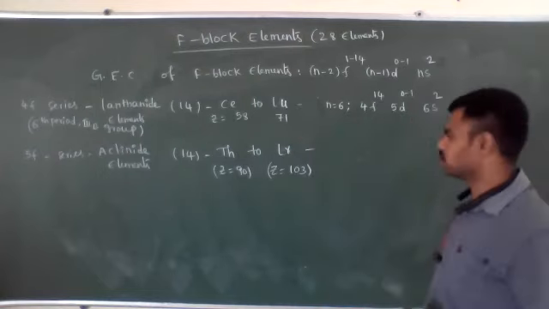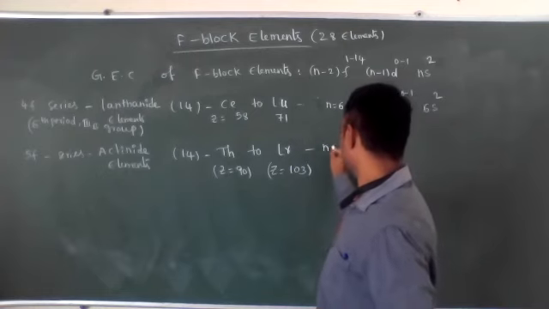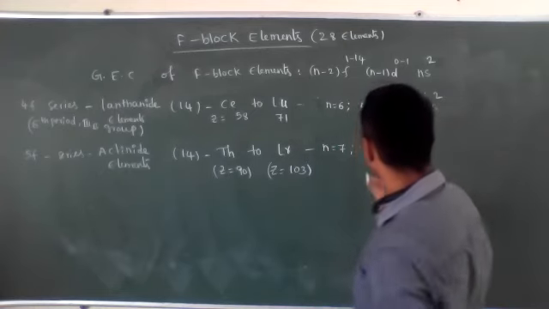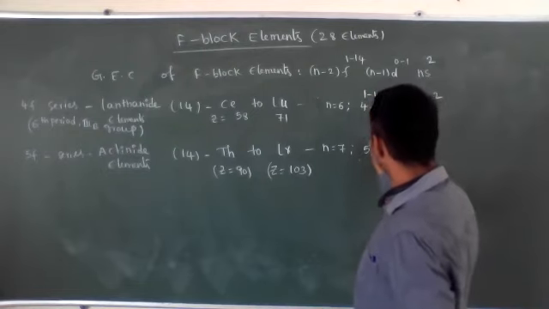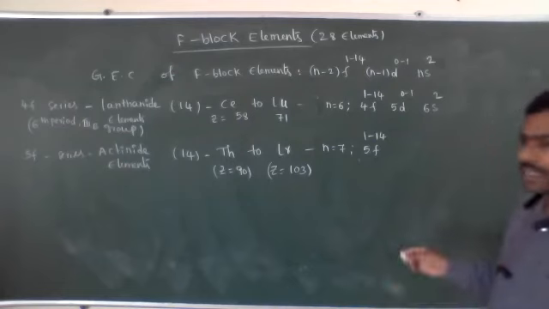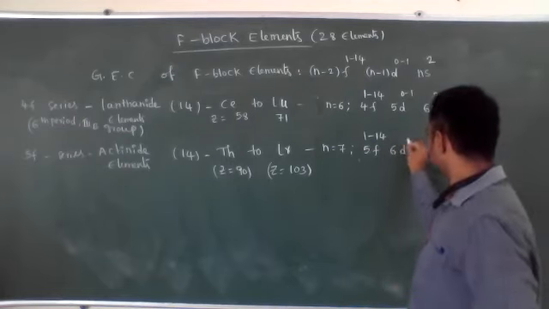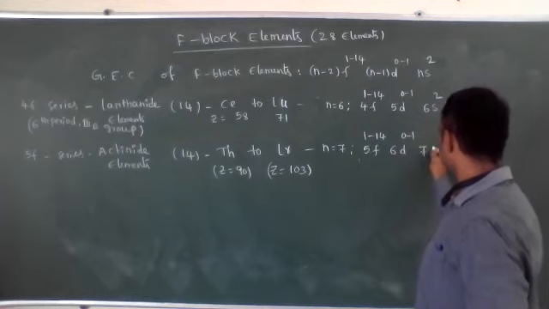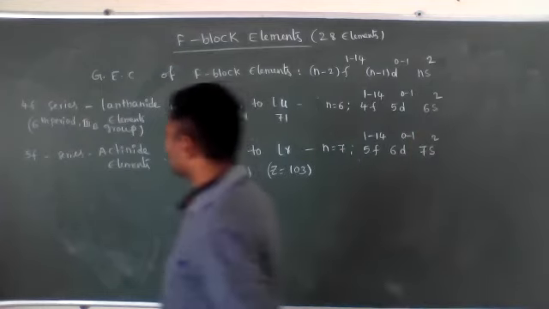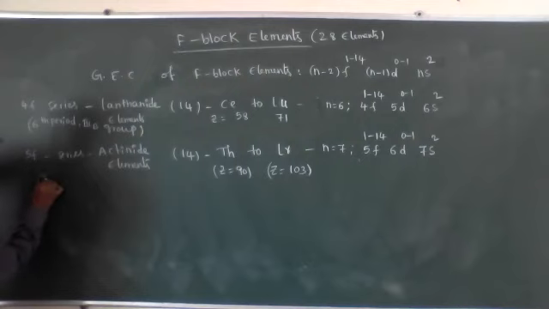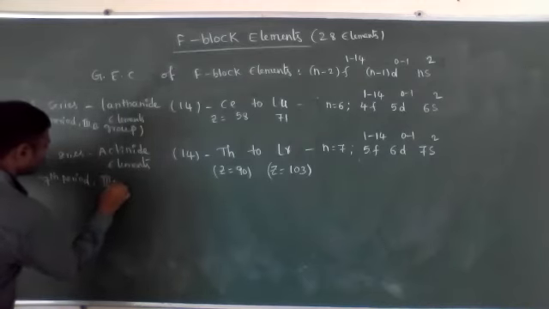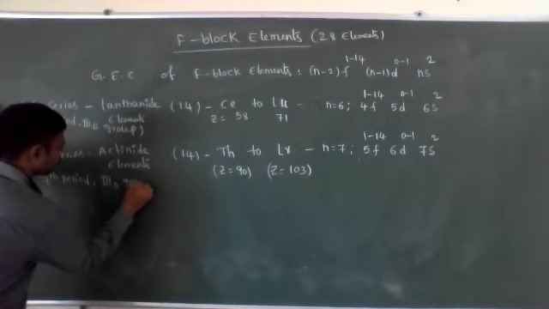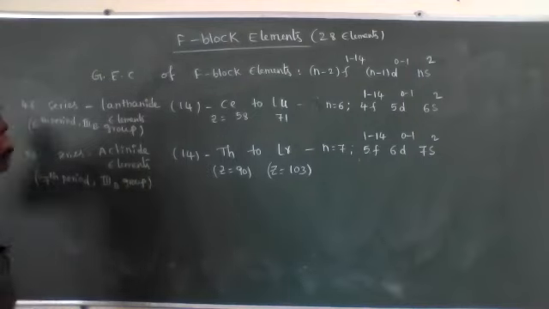Total 14 elements are present and n equal to 7. The general electronic configuration is 5f 1 to 14, 6d 0 to 1 and 7s2. That's why this 5F series elements belong to 7th period and third B group.